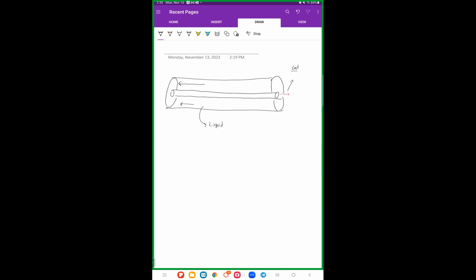What were the assumptions? Was it Newtonian? I think it was Newtonian, no gravity. So the assumptions were Newtonian, no gravity, steady state.